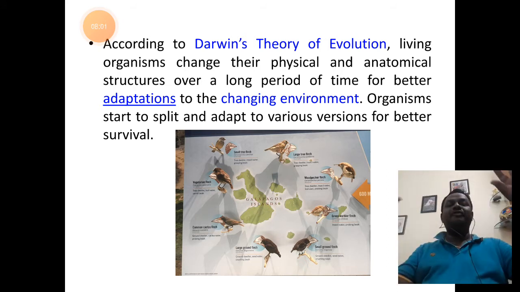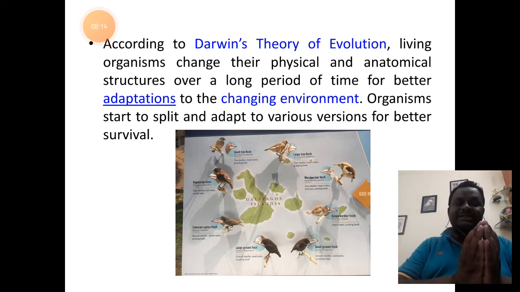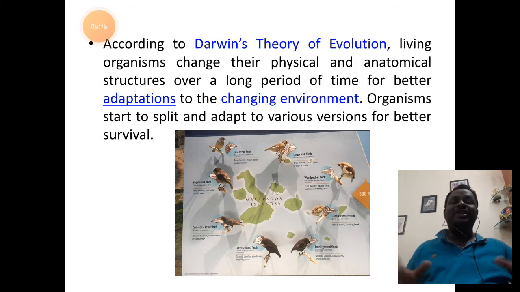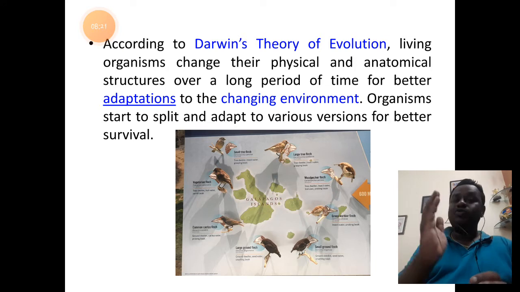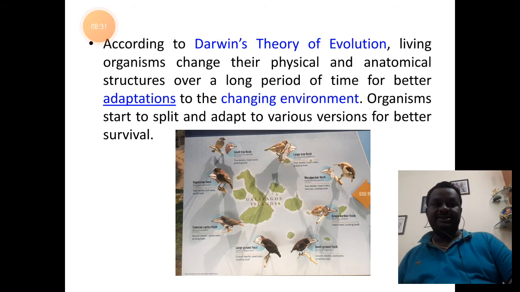So formation of different species, we call adaptive radiation. Students, remember, like how the sun radiates in all possible directions, in the same way a common ancestor will radiate into different environments forming different species ultimately. This is what Darwin has seen in the finch varieties, that is the seed eating variety at Galapagos Island.